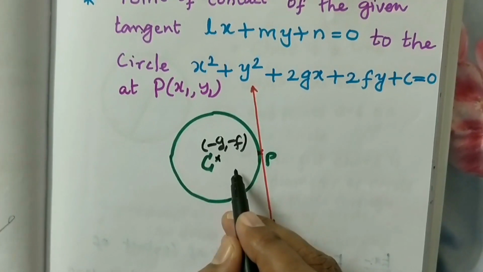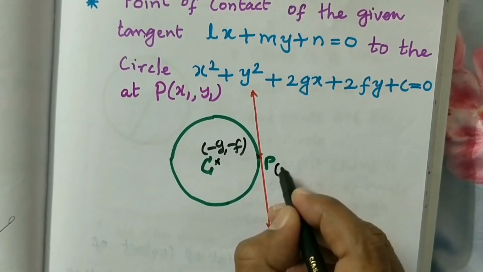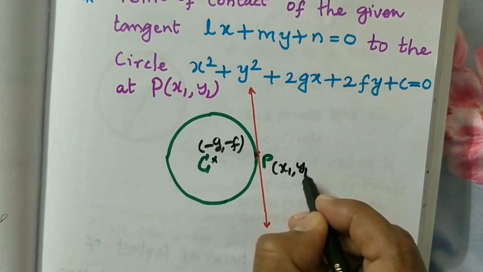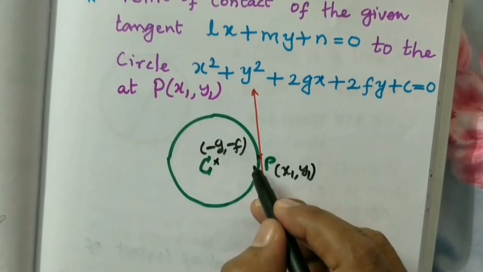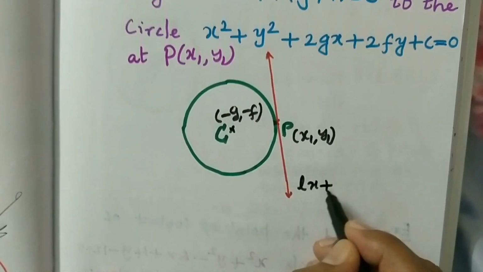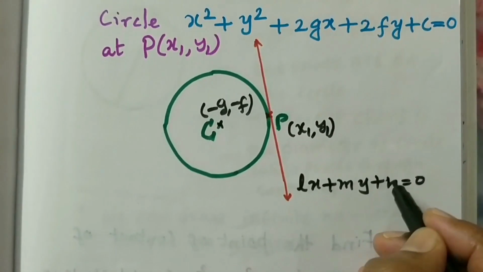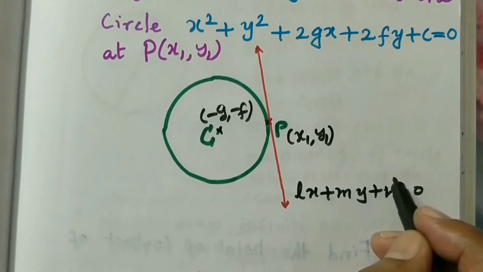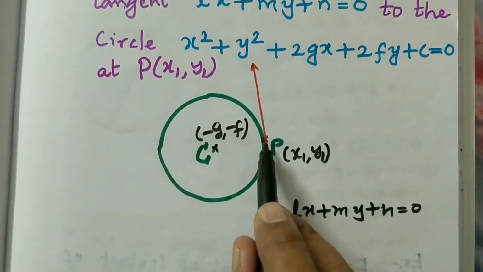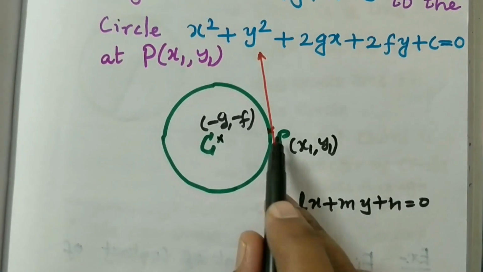Okay, the point P x1 comma y1 is common to this tangent line Lx plus my plus n is equal to 0. Why is it called a tangent? It touches the circle at one point only. That point is P. This P is common to the circle S is equal to 0.